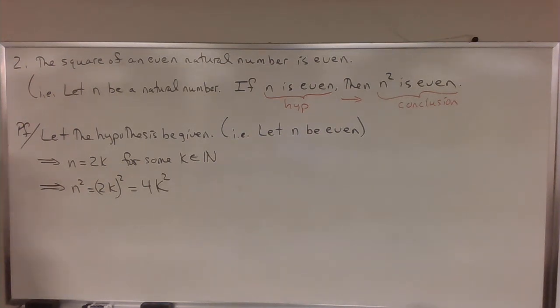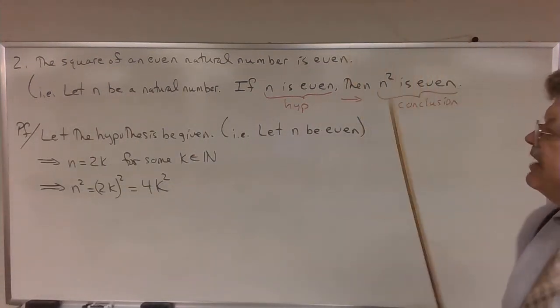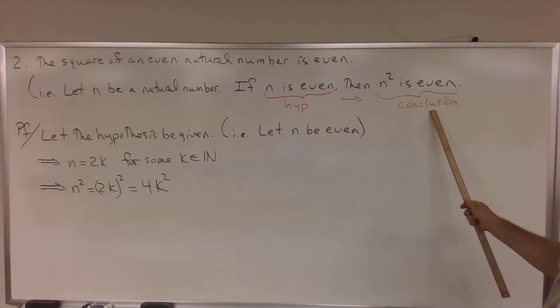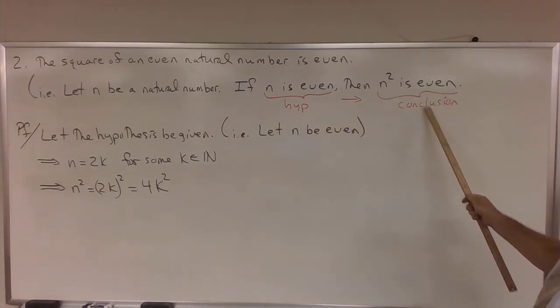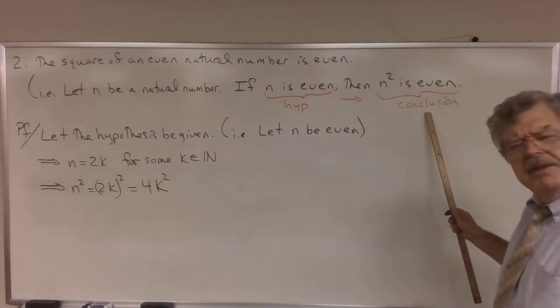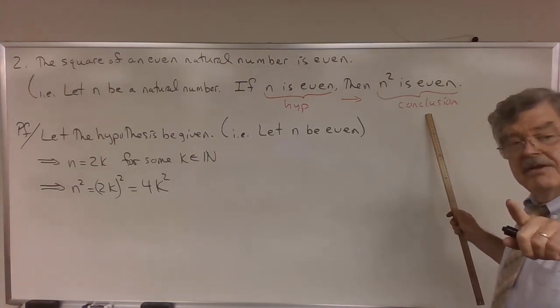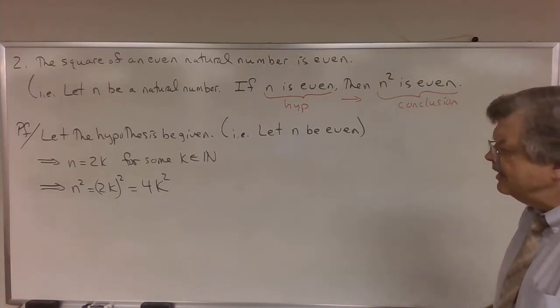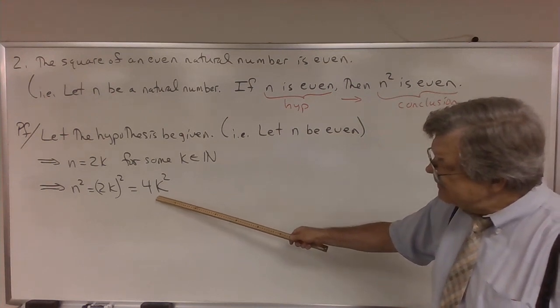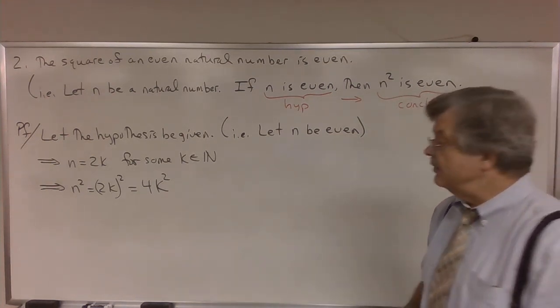I don't know what that does for me. So let me go back and take a look again at what it is I'm trying to show. I'm trying to show that n squared is even. Well, what's an even number? It's something that has the form 2 times some other natural number. Is that what this looks like? We can make it look like that, can't we?